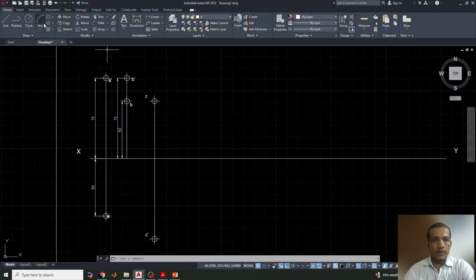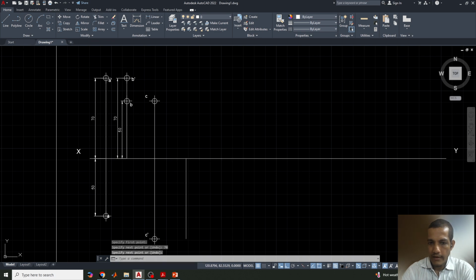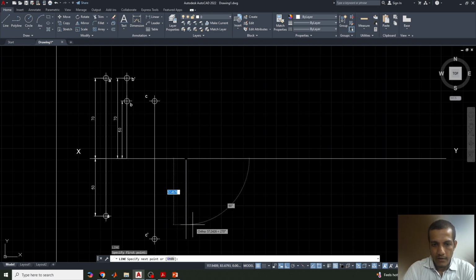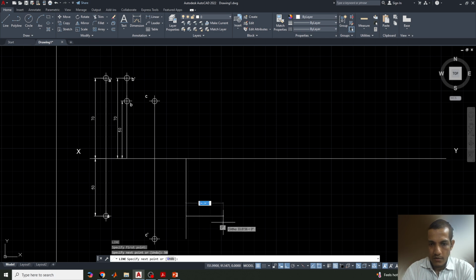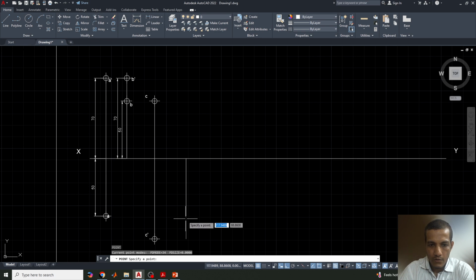So here again we can select the line, 70, enter, and again enter, and here again the same line, you can take 50. Then give the point, another one, enter, give the point.